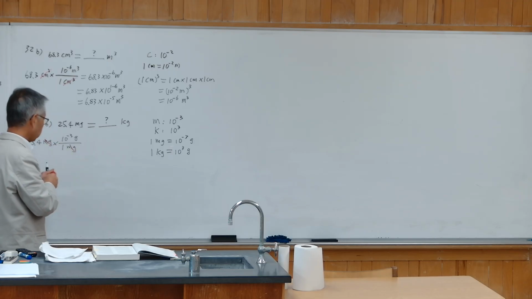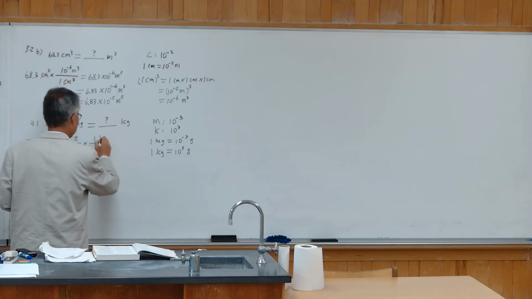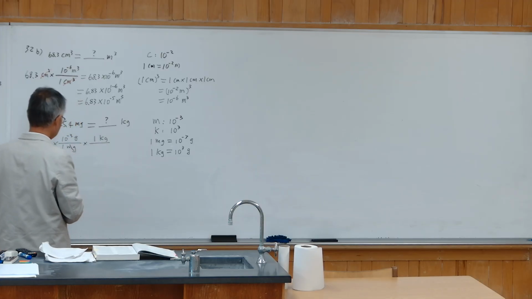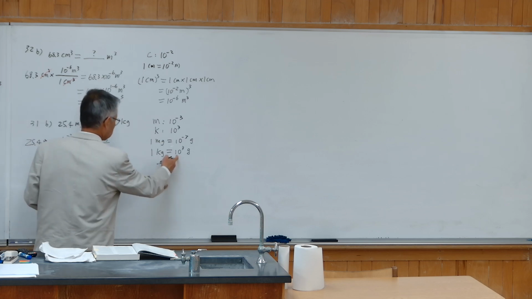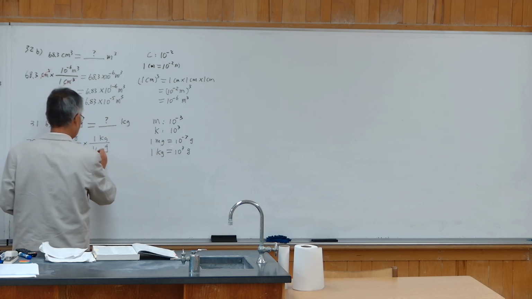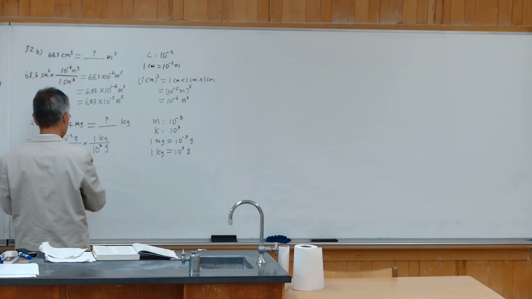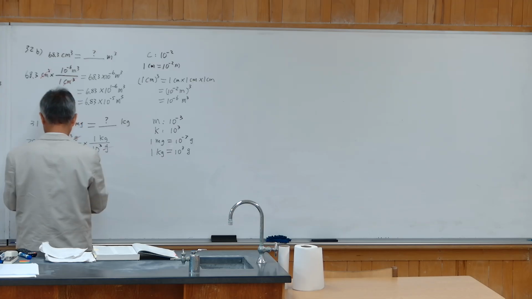Then we need to convert to kilogram. This time kilogram is on top because we want kilogram, and gram is on the bottom. So 1 kilogram is 10 to the positive 3 power gram. Now gram cancels, leaving kilogram.